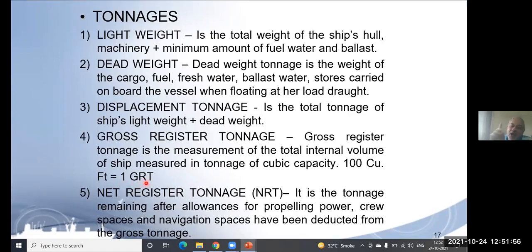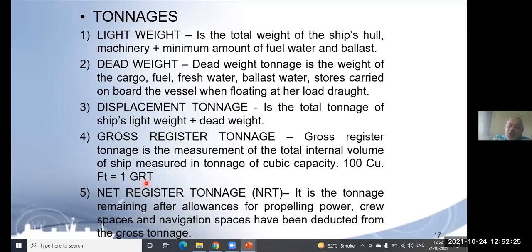So suppose 1000 cubic feet is the volume of the ship which is going to be used for cargo. So how much GRT will they declare? 10 GRT. Is it weight? No, sir. It is not weight. It is volume. It is said as GRT. It says gross registered tonnage, but it is not.